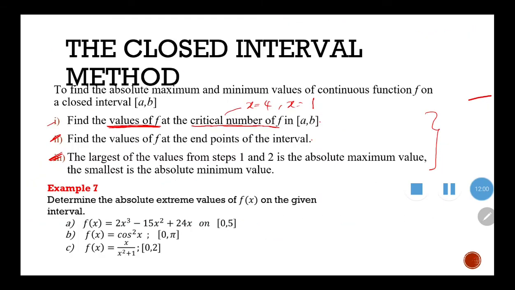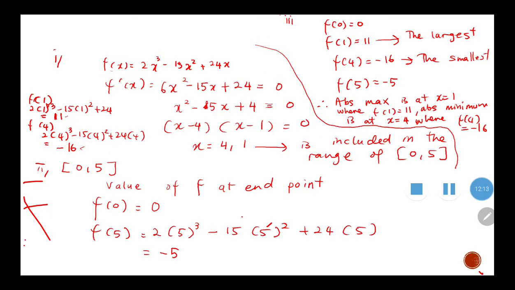Okay, and then you will get it here and here. The next step is to find the values of f at the endpoints of the interval. The endpoints of the interval, in this case, are 0 and 5. To find the values of f, you just put in the value of 0 and the value of 5 in the original equation, and then you will get it, like this here, 0 and minus 5.